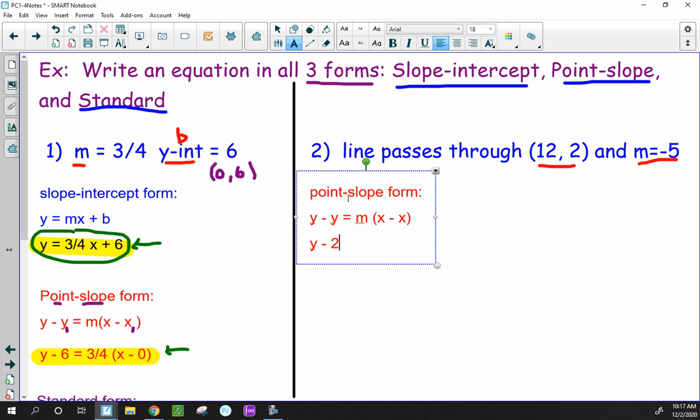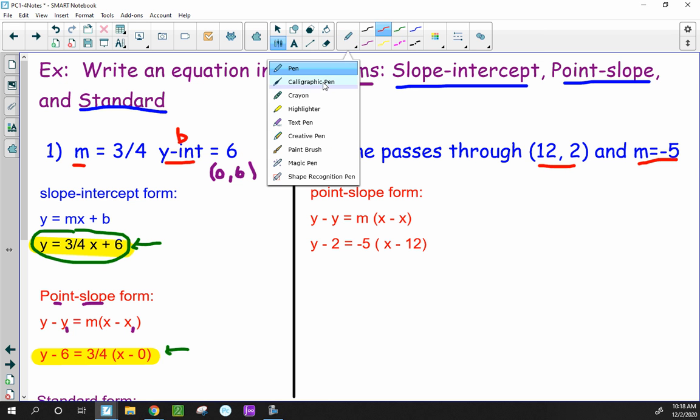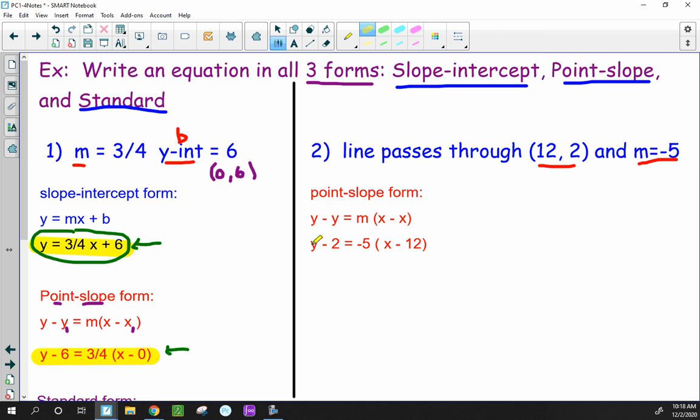Again, remember the form has a minus sign, so this clearly indicates that 2, just 2, is the y coordinate. Equals, slope is -5. And then x minus, and the x coordinate in my point is 12. And just like that, I've substituted everything in correctly, and I now have a first answer for one of the forms for that equation.